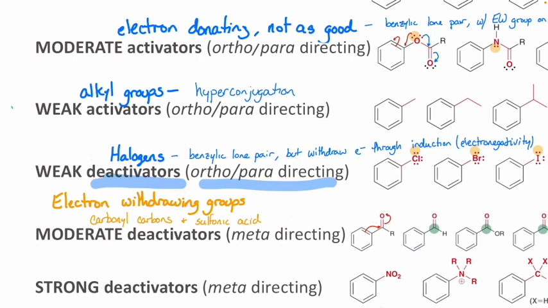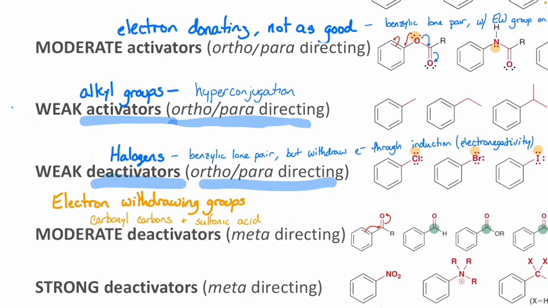My methyl group is an ortho-para-director, but it's a weak activator, right? Activating means it will react faster than benzene. Deactivating means it will react slower than benzene, right?